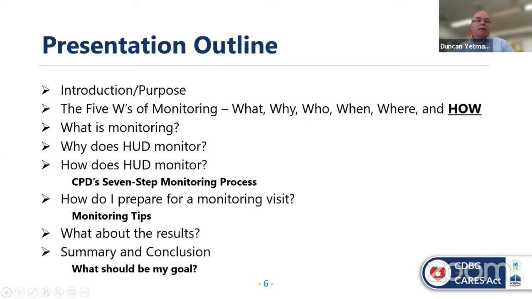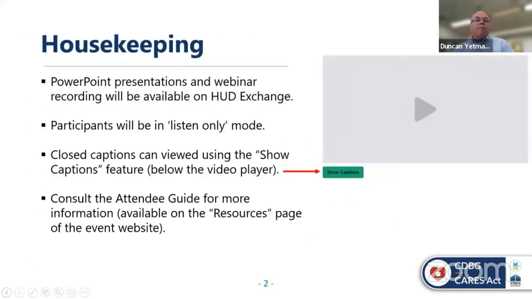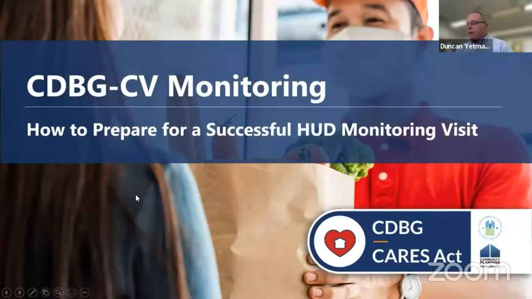So going back to the beginning here, our subtitle for today's presentation. Many subtitles were considered for today's presentation, but ultimately, what it comes down to is this. HUD wants what you want.